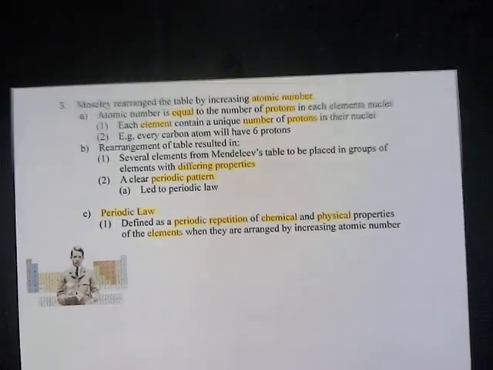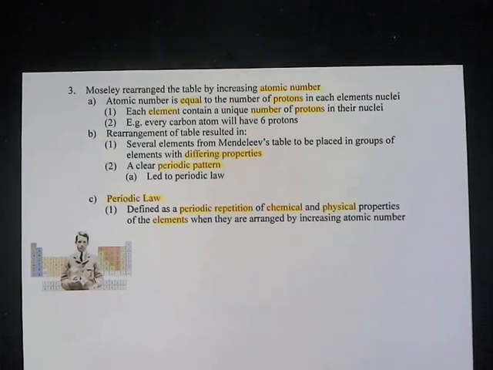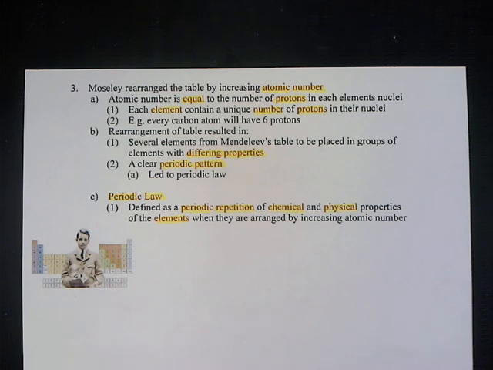So our last arrangement here comes from Henry Moseley, and Moseley said, okay, we almost got it right, but some of the chemical properties do not hold true. So instead of placing the elements in increasing atomic mass, let's place them by increasing atomic number. And remember that atomic number is equal to the number of protons in the nucleus of our atoms.